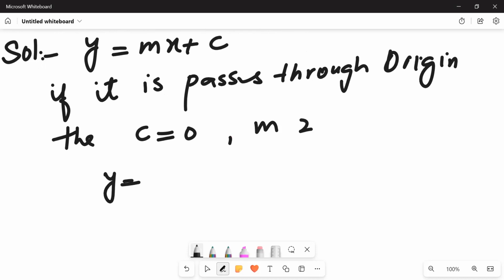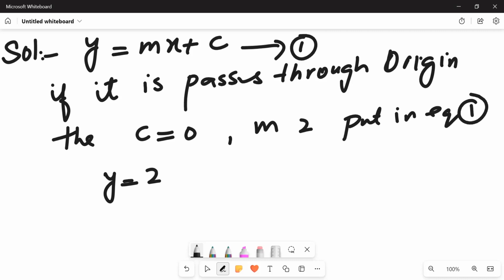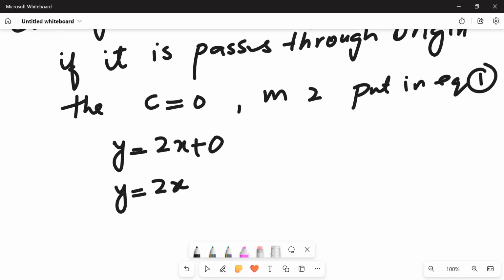Now we put these values in equation 1: y = 2x + c, and c is 0. So the equation of the straight line is y = 2x.